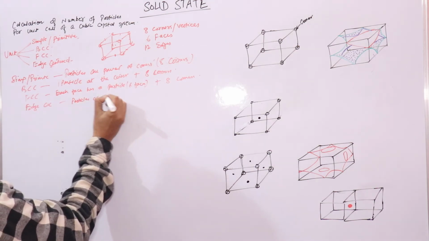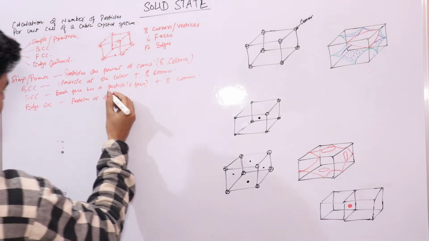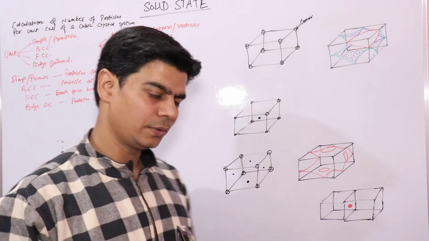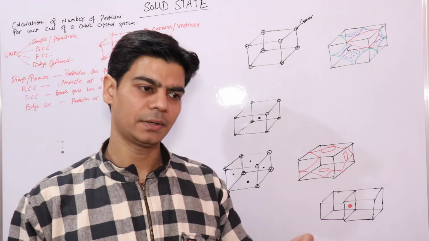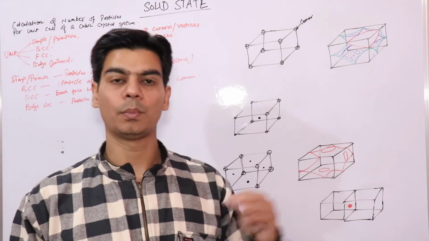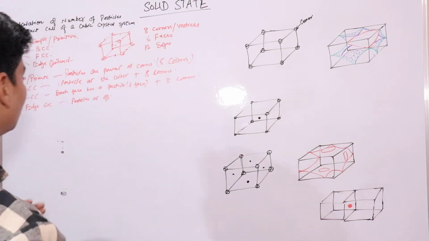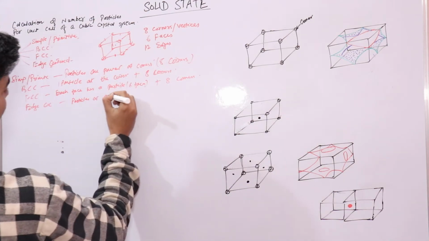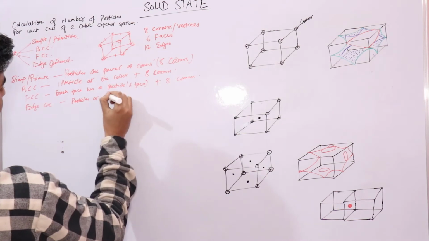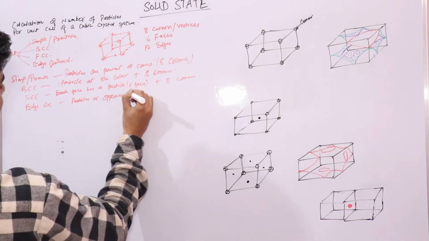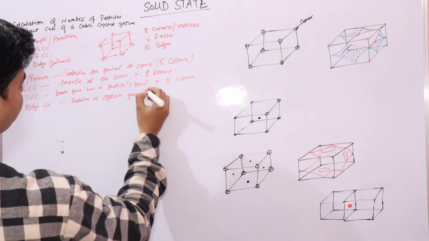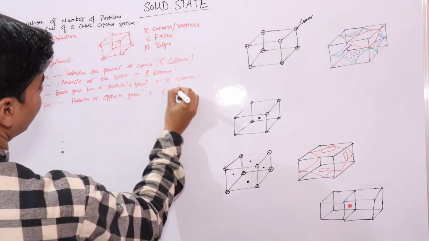We have already studied the edge-centered unit cell, where particles are present at the opposite edges of the cube, plus 8 corners.